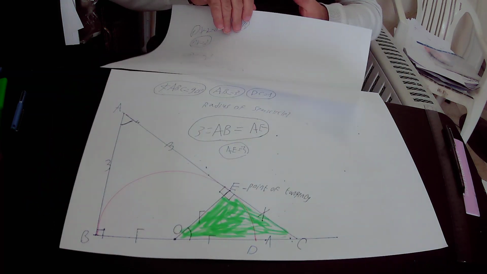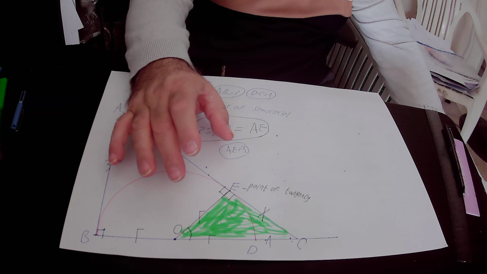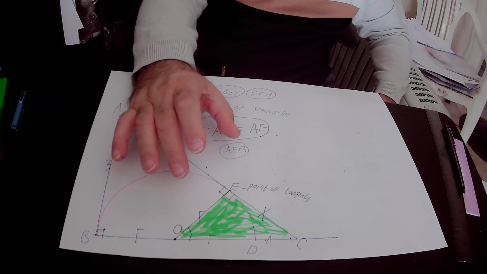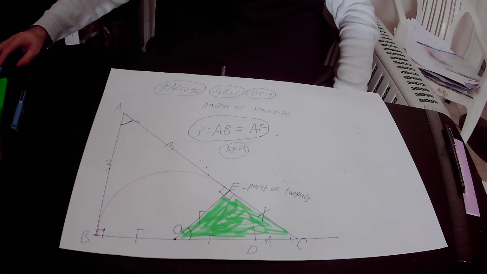I will repeat again, the radius of this red semicircle R equals 3 over 2 units, or 1.5 units. Okay, thank you very much.